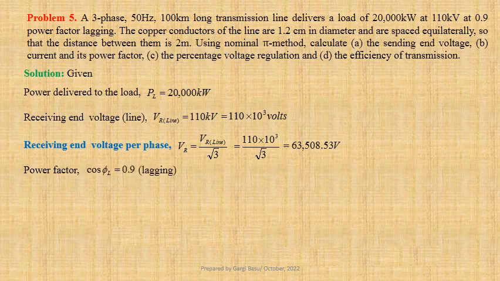Let us now calculate power factor angle. Phi L equals cos inverse 0.9, that is 25.842 degree.